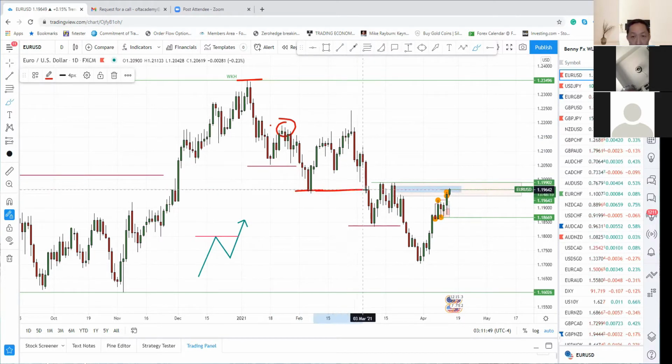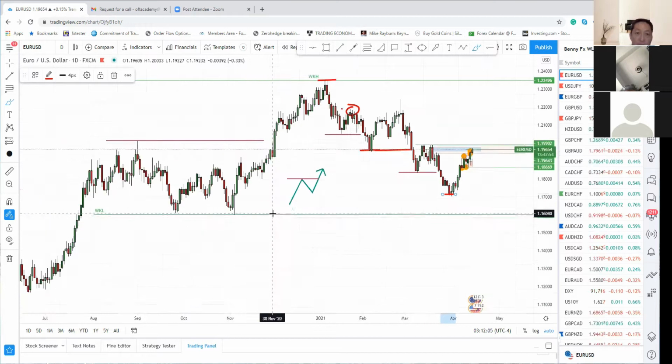Now it broke this again, made a lower low, then made a high, then made another low. Can you see now? So we call this breaking the low, breaking the structure. The market is breaking structure, just like when we are in an uptrend, the market is breaking the high.